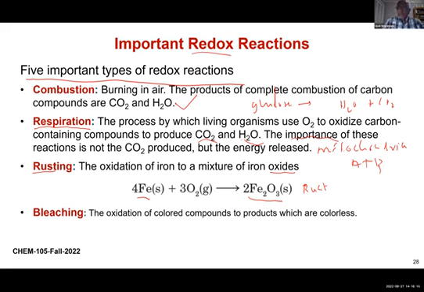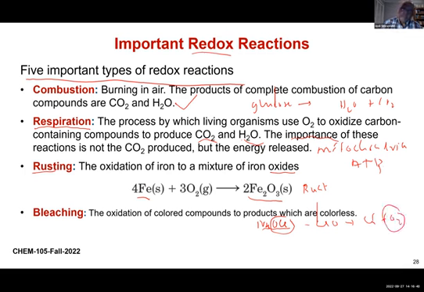Bleaching also is a redox reaction. Sodium hypochlorite contains this ClO ion. That ClO ion breaks up to chlorine plus oxygen.